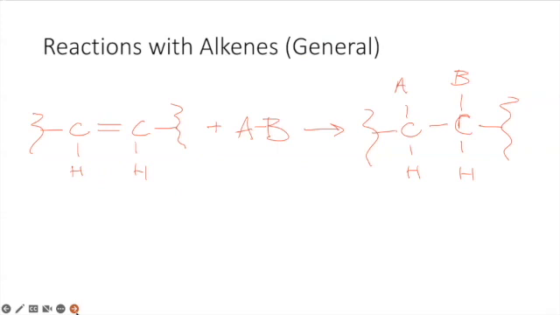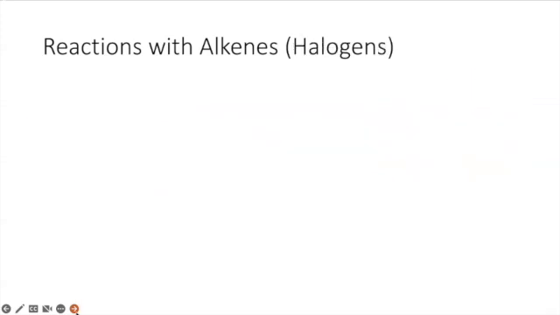So the next few slides here, I'm going to give you specific reactions. We have 1, 2, 3, 4. But if there's anything to remember, it's that anything that is added to an alkene breaks that alkene bond, and you add one component to one side and one component to the other. So looking at halogens, as if AB was a halogen.